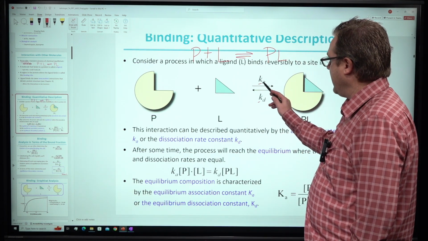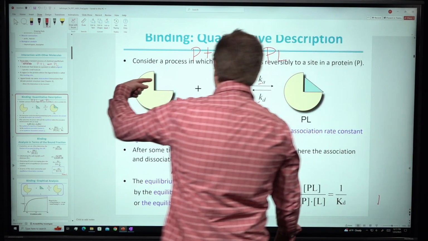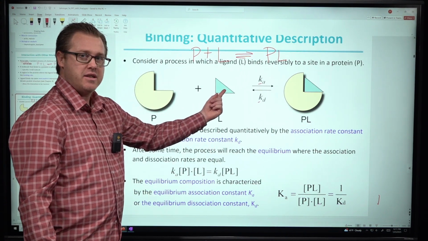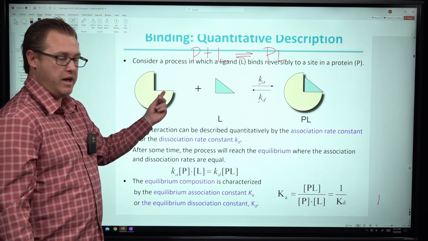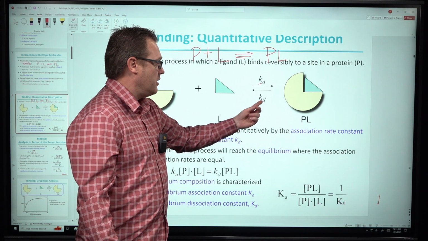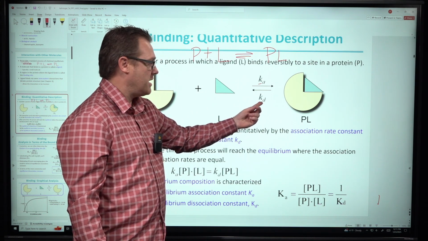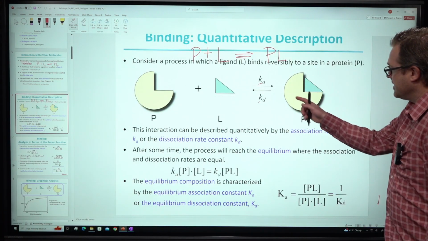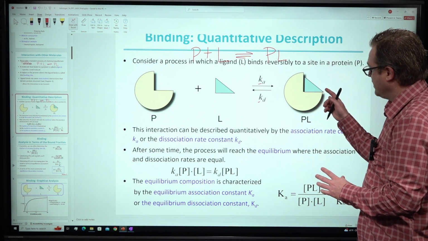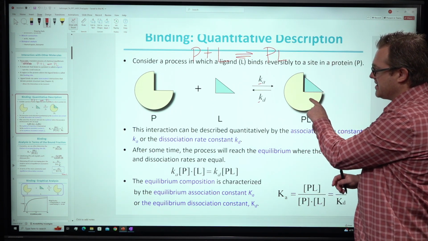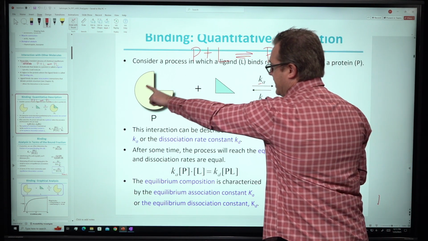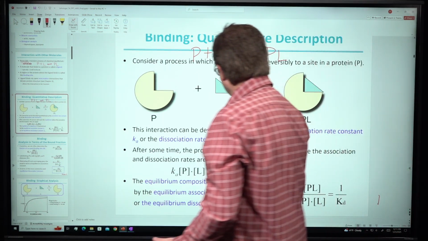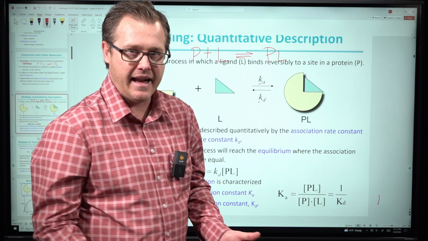So lowercase ka is saying, in the forward direction, how fast does the ligand, represented by this triangle, associate with the protein? And then lowercase kd, sub d, that's the dissociation, which means how fast does this complex of the protein and the ligand dissociate and fall apart into the separate individual pieces? So the lowercase k's mean kinetics.